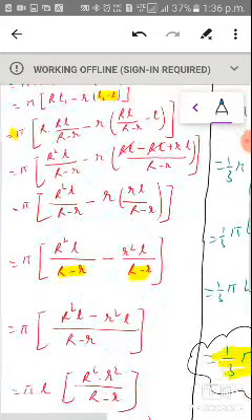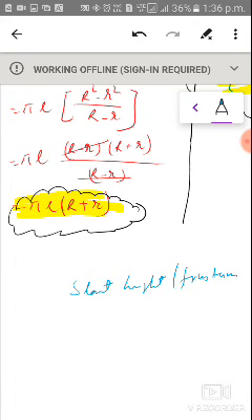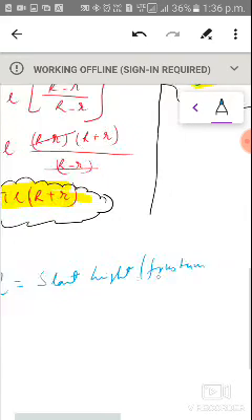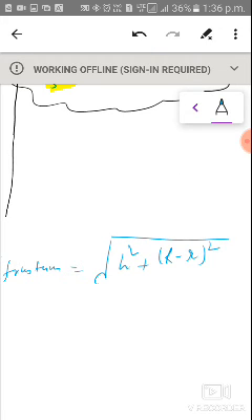Here for a frustum, the slant height of a frustum, which we have denoted by L, is equal to under root h square plus (R minus r) whole square, means capital radius minus small radius whole square.